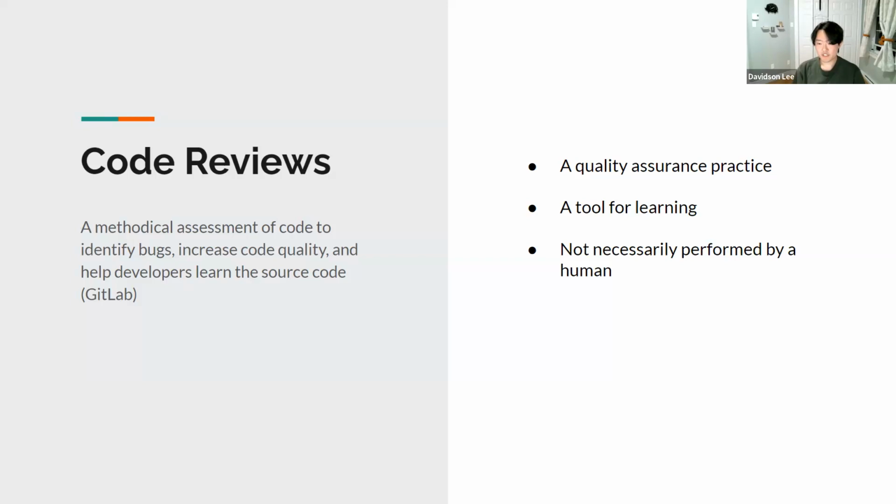And the last point, which I found very interesting and important, is that code reviews are not necessarily performed by a human. So if you look at the definition and the purpose that they serve, while typically a process performed by humans, it's not necessarily only by humans.